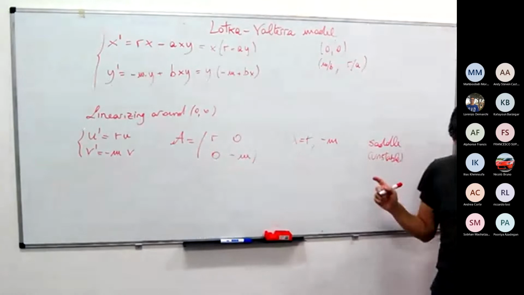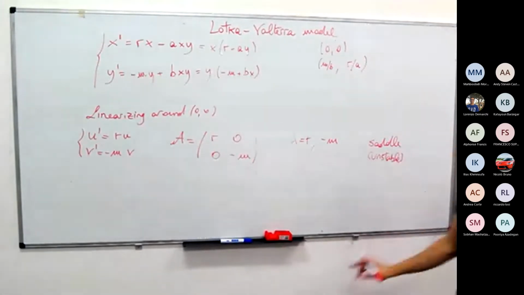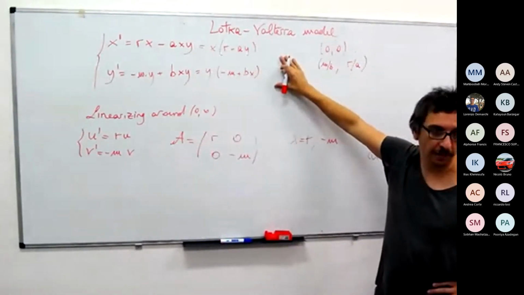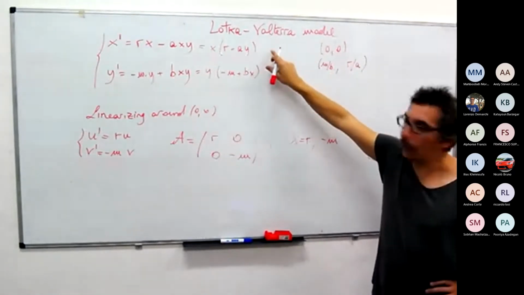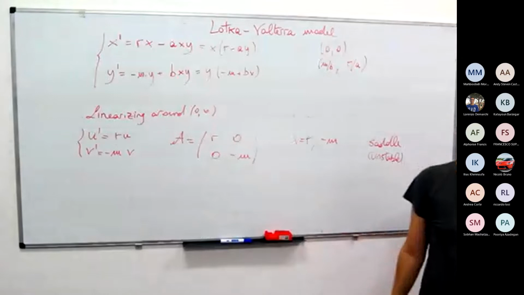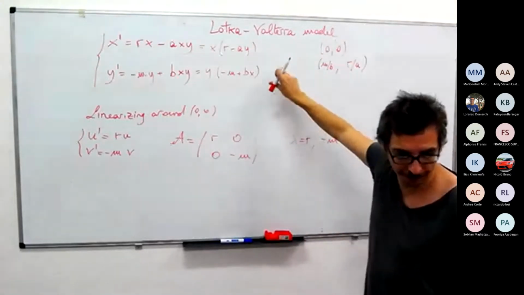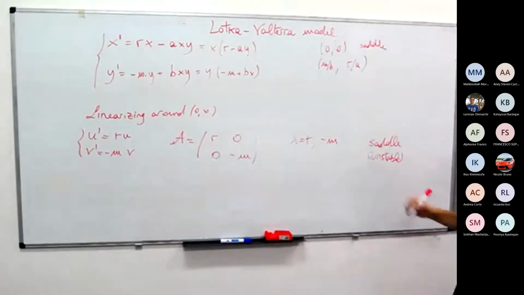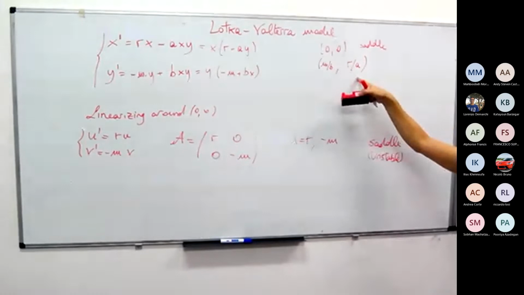We know that for a saddle, the Poincaré theorem tells me that a saddle in the linearized system corresponds to a saddle in the nonlinear system. So (0, 0) will be a saddle, an unstable point for the nonlinear system of the Lotka-Volterra model. (0, 0) is a saddle. Now let's linearize around (n/b, r/a).